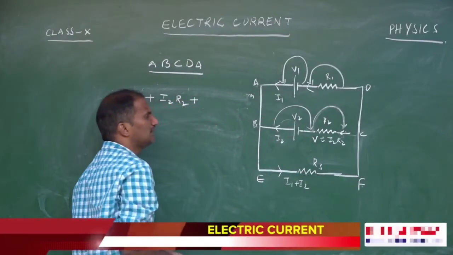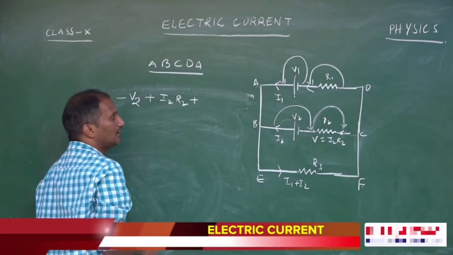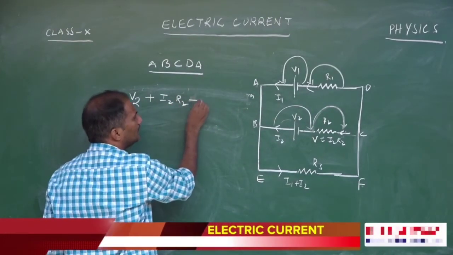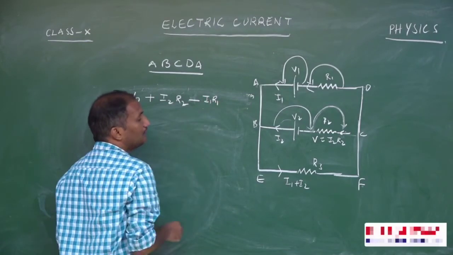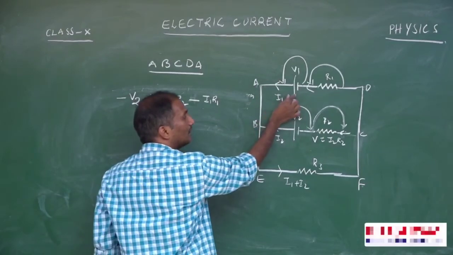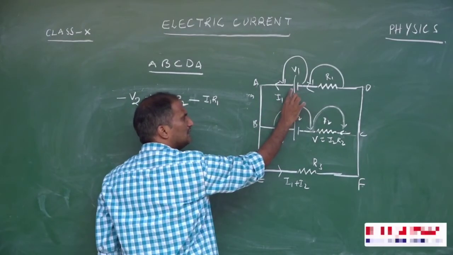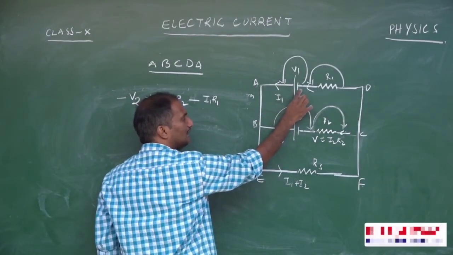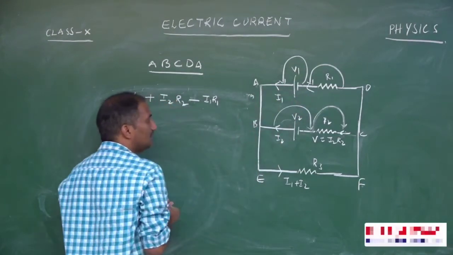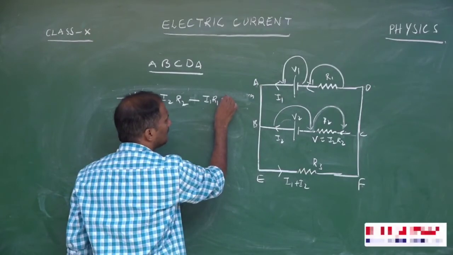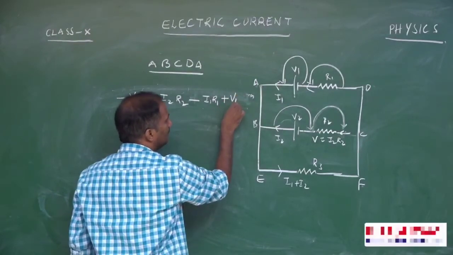As we are traveling in the direction of current, that can be taken as negative sign, that is minus I1 R1. If you come to the electric cell, we are traveling from low potential region to high potential region, that is, the negative terminal of the cell to the positive terminal of the cell. That is why there is a gain in potential. Then we can write it as plus V1.